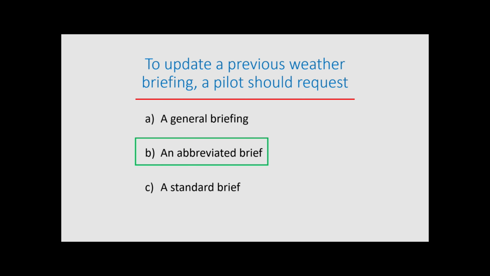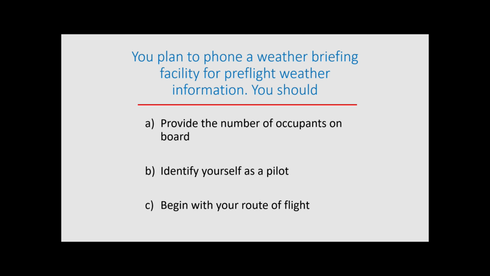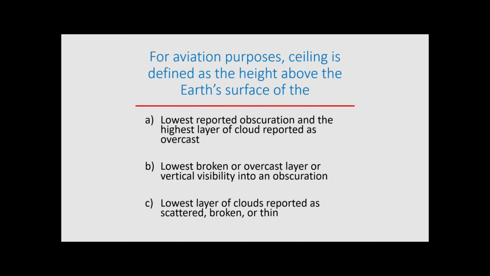You plan to phone a weather briefing facility for pre-flight weather information. You should do what? Identify yourself as a pilot. For aviation purposes, ceiling is defined as the height above the Earth's surface of the lowest broken or overcast layer or vertical visibility into an obscuration.